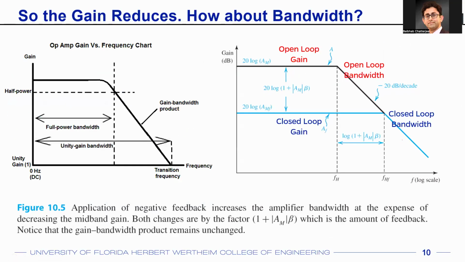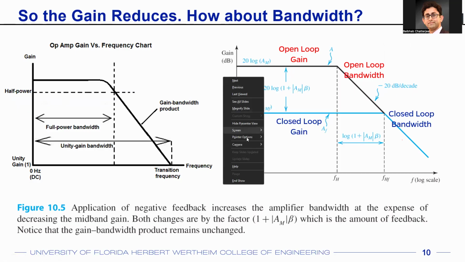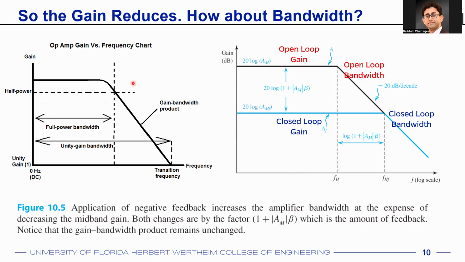The point till which your gain is flat will be called the bandwidth. After that point, your gain will start dropping. But your gain bandwidth product for the first order op-amp will be a constant, which means as you go to the right-hand side of this original open loop bandwidth, by applying, let's say, closed loop feedback, your gain will reduce, but your bandwidth will increase.